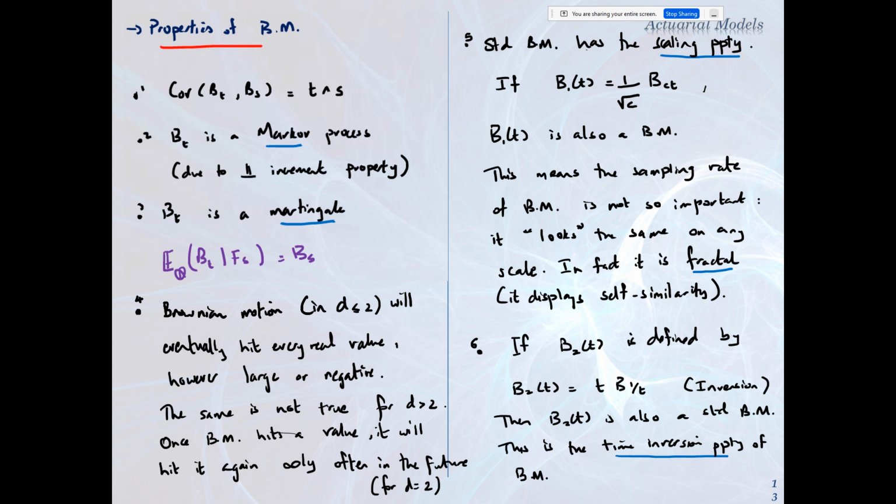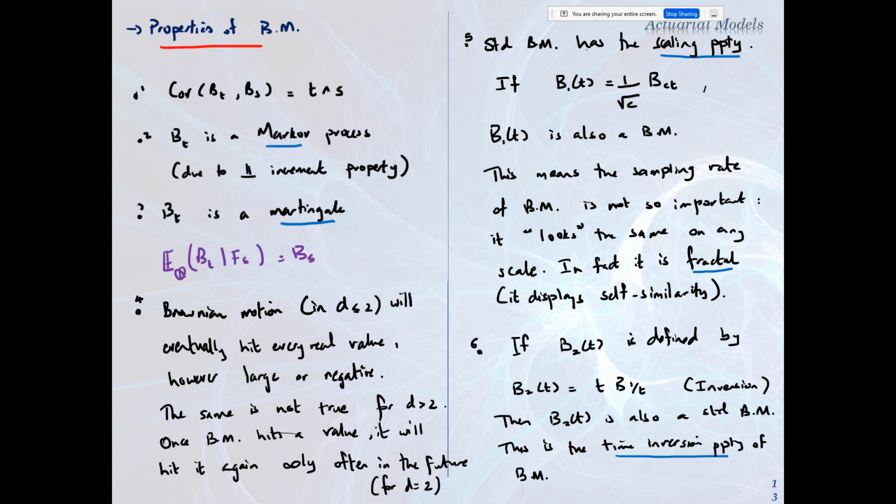So let us give some properties of the Brownian motion. Firstly, we've just seen this, the covariance between BT and BS is equal to the minimum between T and S. Secondly, BT is a Markov process. So what is meant by Markov process? It has the Markovian property in that the inference on the future depends only on the present and not on the past.